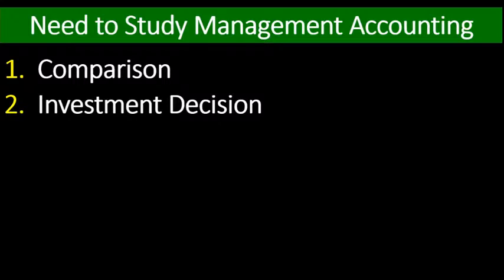From which asset can we earn more profit? That is the question the company must answer: in which asset should we invest our money? By calculating with the different techniques in management accounting, only this is possible.